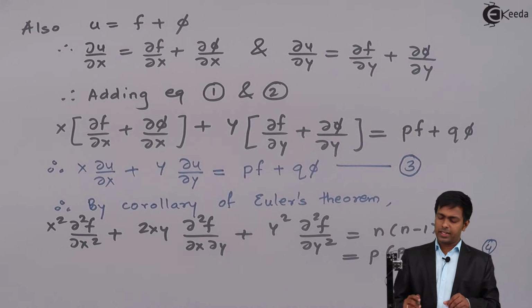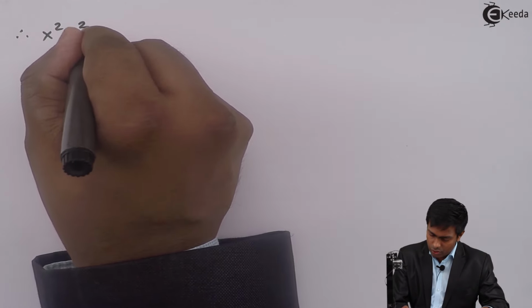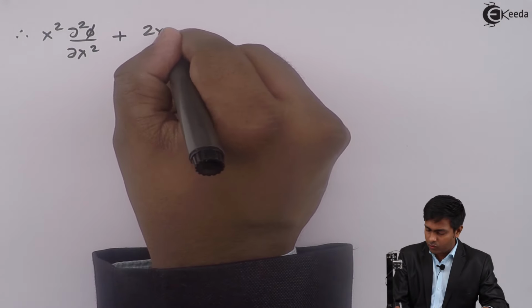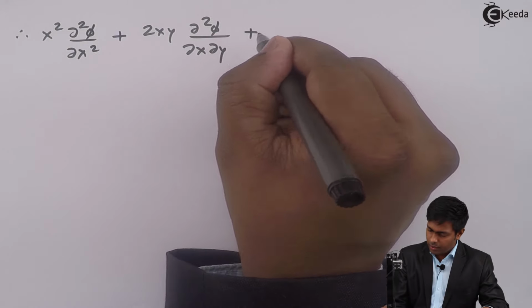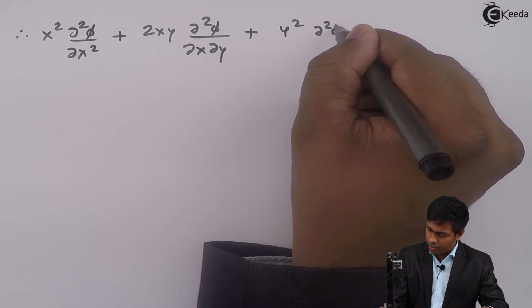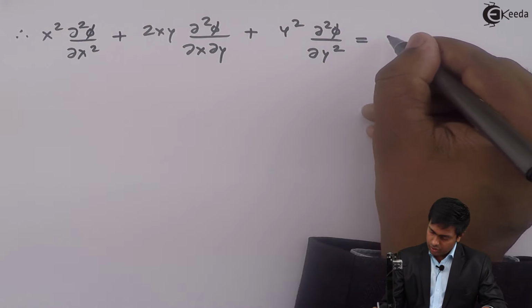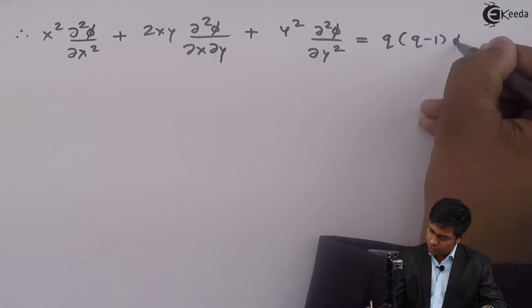Now by applying the same corollary for phi we will get x square dou square phi by dou x square plus 2xy dou square phi by dou x dou y plus y square dou square phi by dou y square is equal to, the degree is q, so q into q minus 1 into phi.